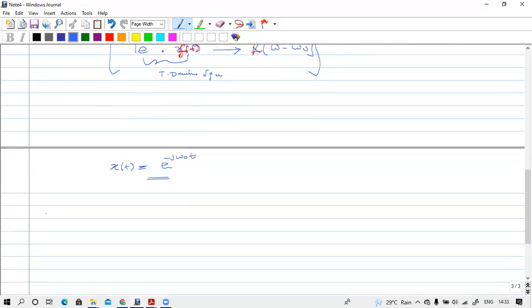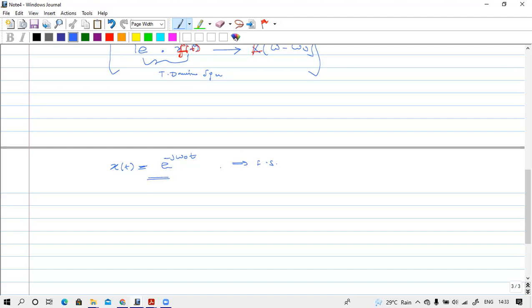So this is the signal we have been given. We try to evaluate the transform using first principles, but it is not easy. Actually, it is very hard to evaluate the limits. So we have to look for another way to evaluate the Fourier transform.